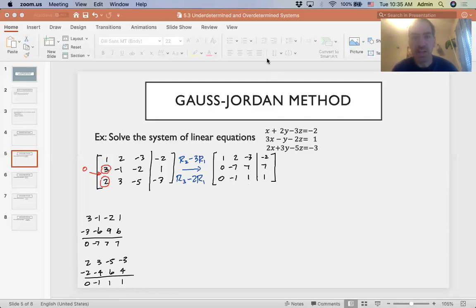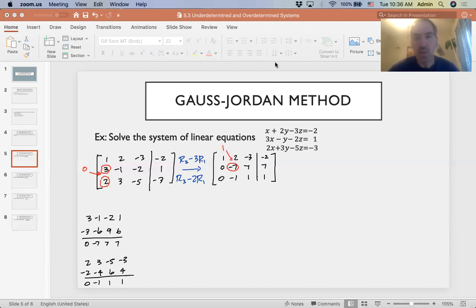Now you may or may not notice here that row 2 and row 3 are now multiples of each other. Right? Row 2 is the same thing as row 3, just multiplied by 7. Okay, that's going to come into play. But column 1 is done, so we move to the second column. We want the second entry in the second column to be 1.